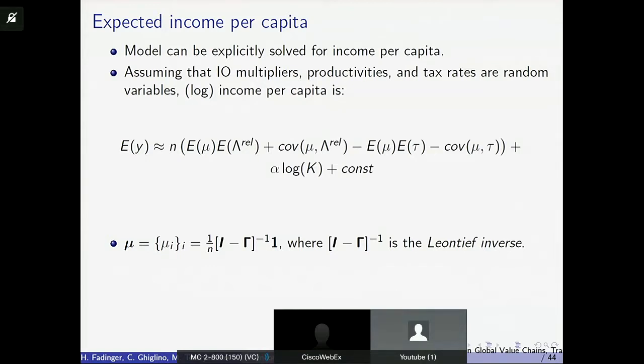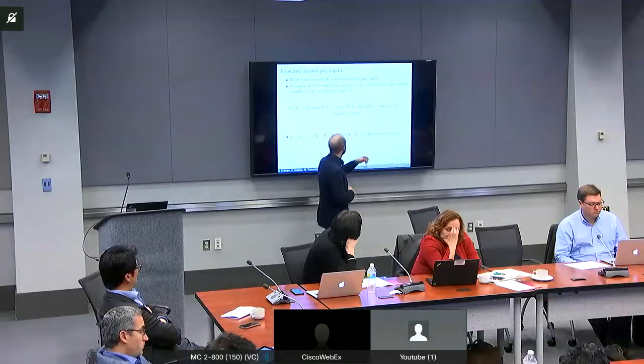So if you have higher multipliers and higher productivities, you're going to have, on average, higher income. Second, it's going to depend positively on the covariance between multipliers and relative productivities. So if you have higher productivity in high multiplier sectors, that's going to have a particularly positive effect. And the opposite is true if you have low productivity in high multiplier sectors.